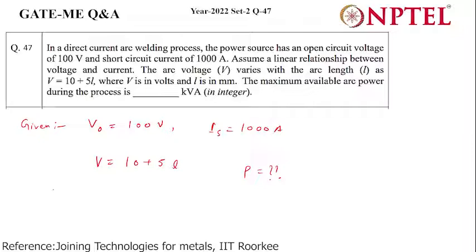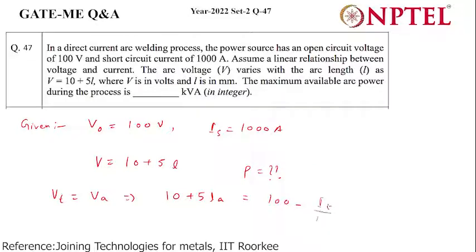So for a stable arc, VT will be VA. So you can write it as 10 plus 5LA will be 100 minus IT divided by 10.